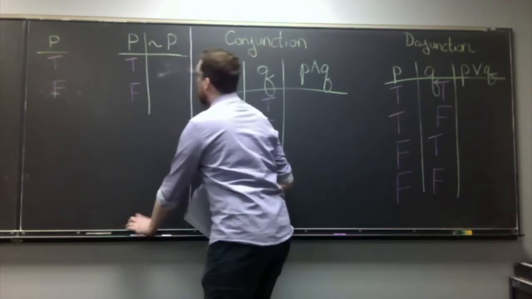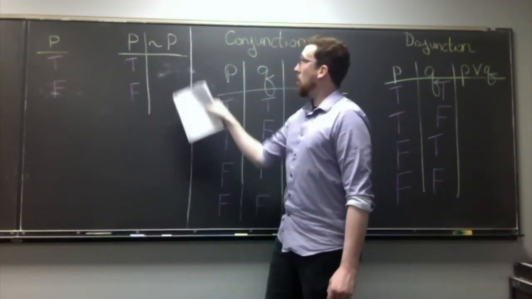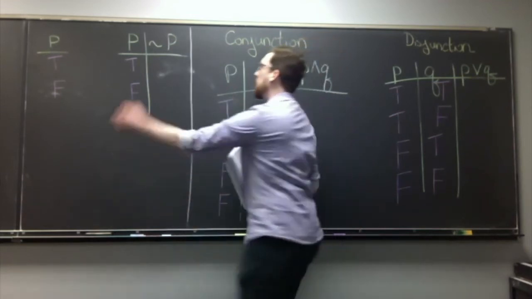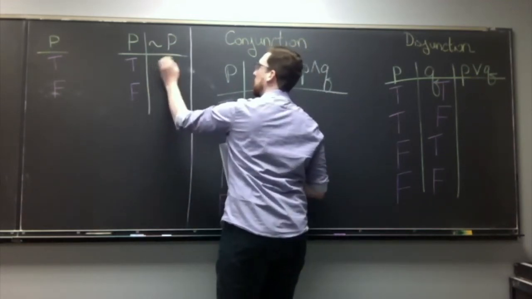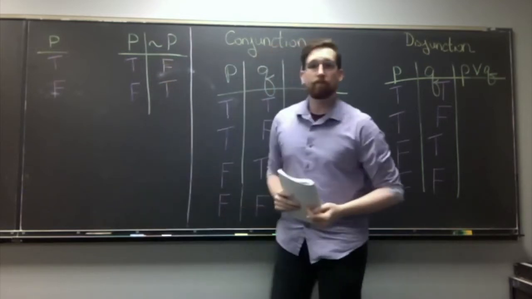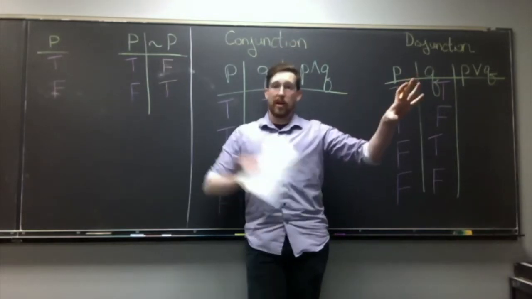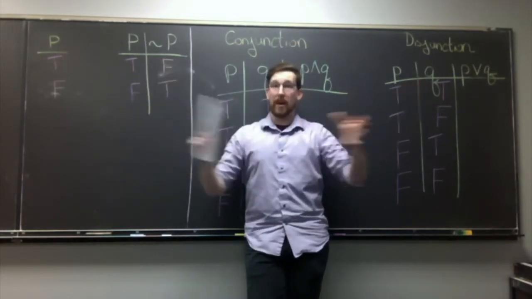So, the truth table for the negation of P, under that column, the negation of P, we would have false, or we would have true. So again, it's showing us the relationship between one thing and the other thing, and how the truth values interact.